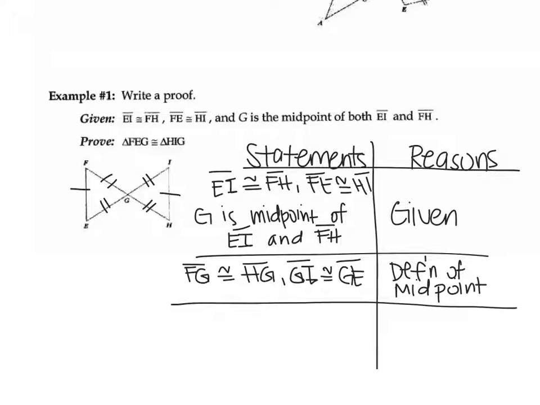So now if I look, all three corresponding sides of my two triangles are congruent, which means I can say my two triangles are congruent by side, side, side. So we have triangle FEG is congruent to triangle HIG by side, side, side.